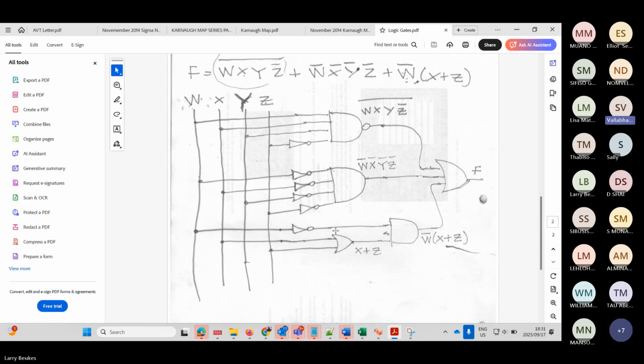So for X and Z, we are using the OR gate here. This OR gate X plus Z and the W bar should be ANDed. That means you should use an AND gate for these two. So finally, for all the outputs for the three terms, because there is a plus sign here, you should use an OR gate finally. That's it.